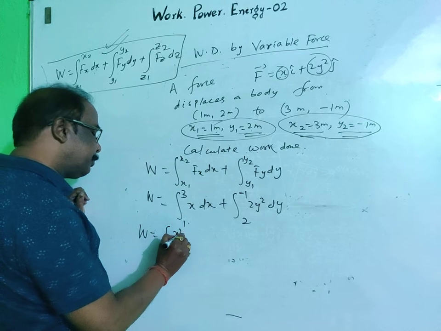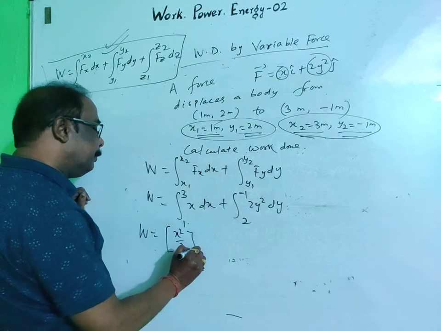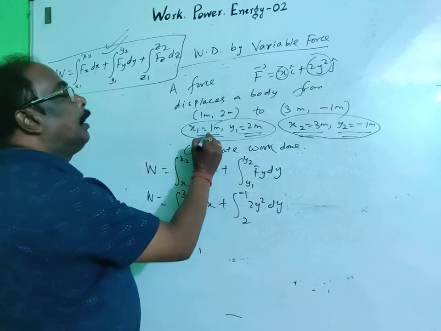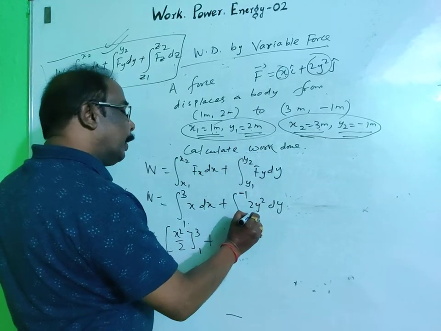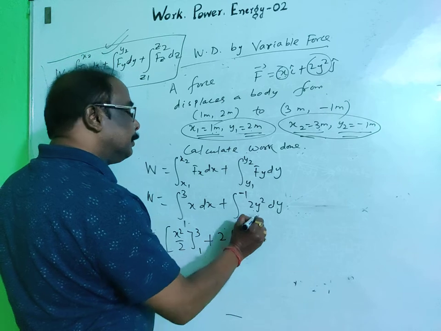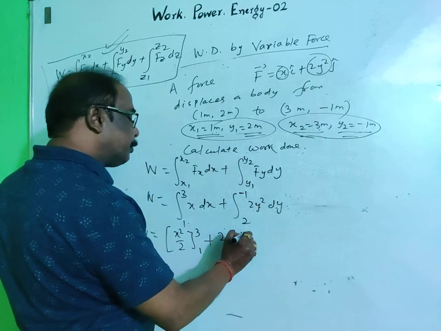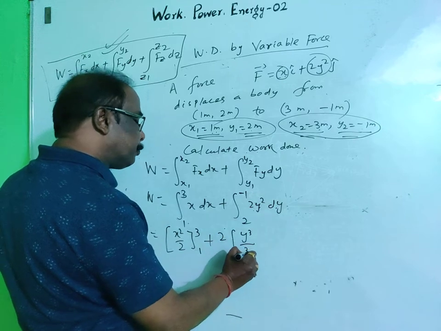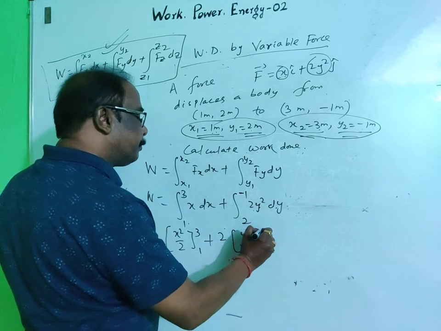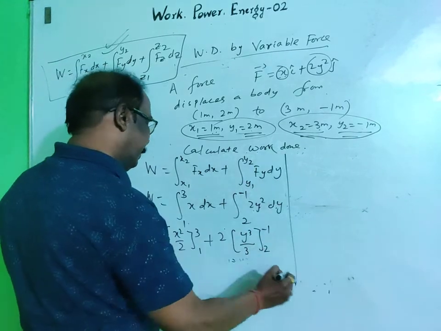Integration of x dx is x square by 2, limit varies from 1 meter to 3 meter, plus 2 times integral of y square dy, bring 2 outside. Integration is y to the power 2 plus 1, y cube divided by 2 plus 1, that is 3. Limit varies from 2 to minus 1.